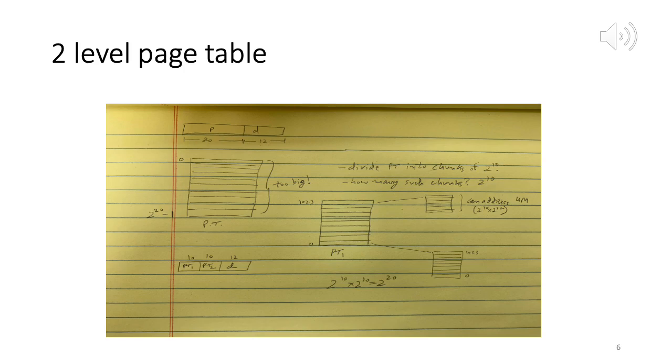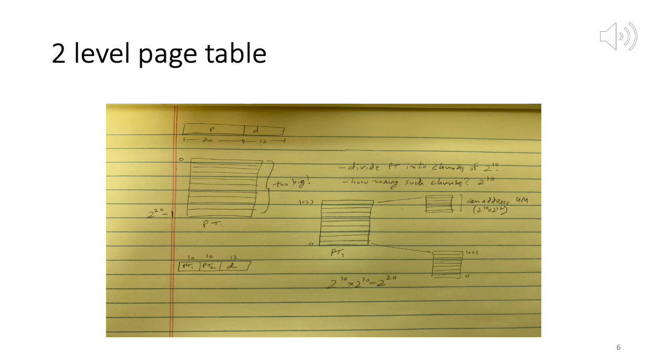Once we get there, we have found the starting physical address for the frame, the mapping. We combine that with D and address translation is complete.